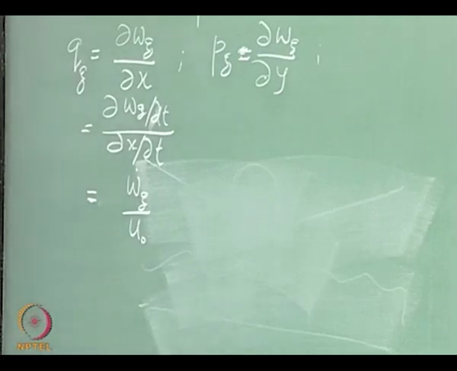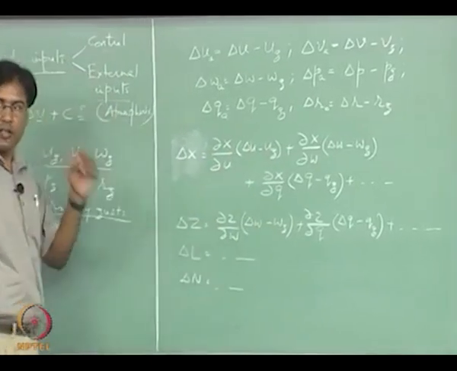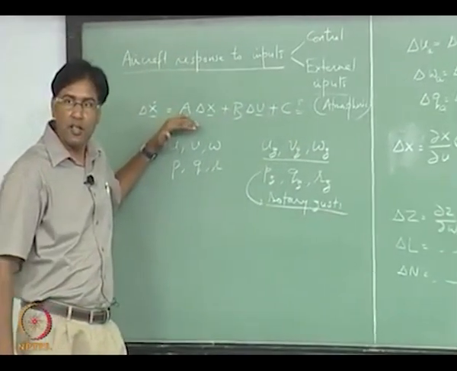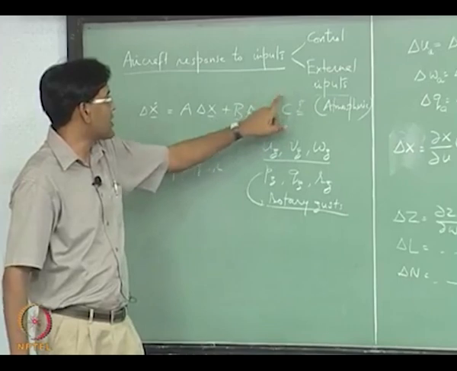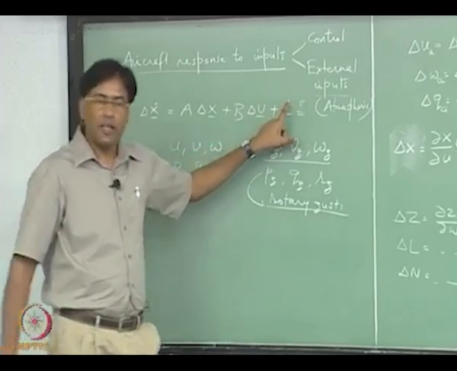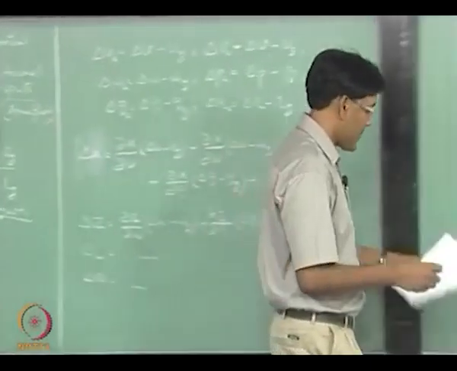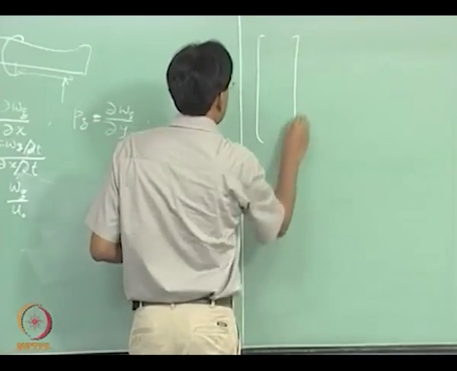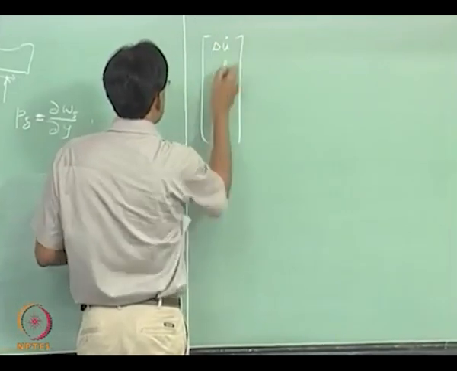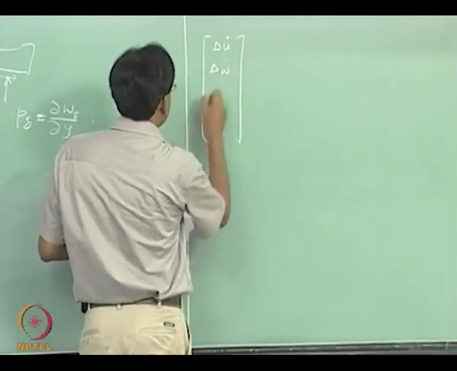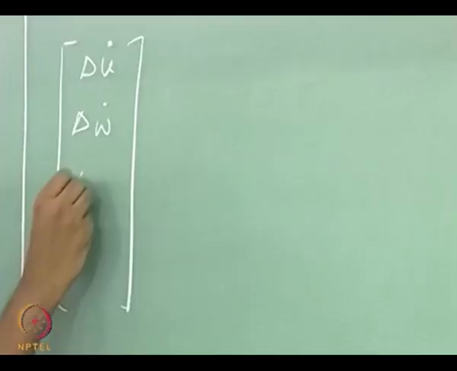Now, if we include these extra terms in the aircraft linearized model about the equilibrium state, then what you are going to see is this extra term, right. So, let me just write down the equations for the perturbed longitudinal motion.